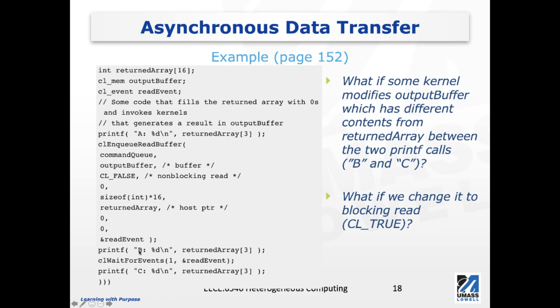So we can know that at this point, when we execute printf B, for sure this read buffer operation has been completed. So we expect to see the correct output value printed out on this line, printf B. Either way, this clWaitForEvents will get this read event, which is now completed. So we proceed to the final printf. So C will also print out the correct return value from the read operation. And you can guarantee that printf B and printf C will output the same value if this is a blocking read.